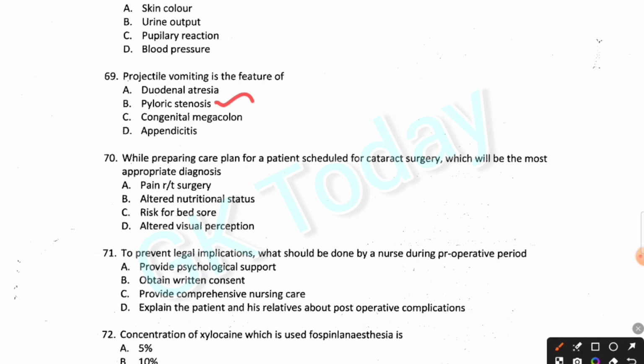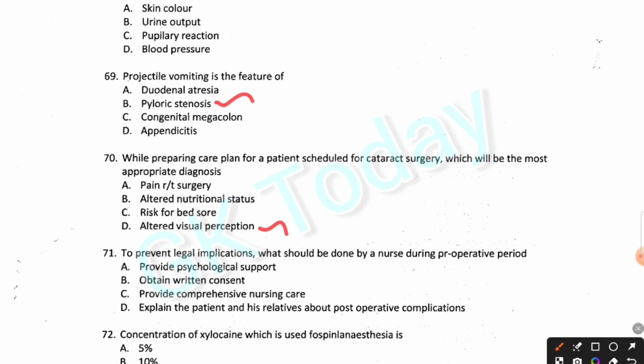While preparing a care plan for a patient scheduled for cataract surgery, which will be the most appropriate diagnosis? Correct answer is option D, altered visual perception.